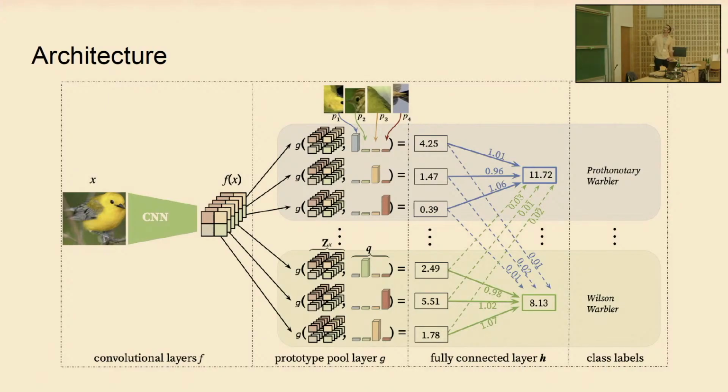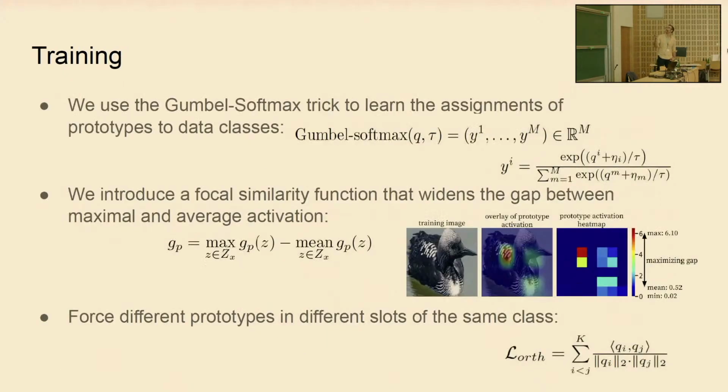We wanted to assign different prototypes to the slots of the class. And we also introduced a specific focal similarity function, which tried to generate more salient prototypes.